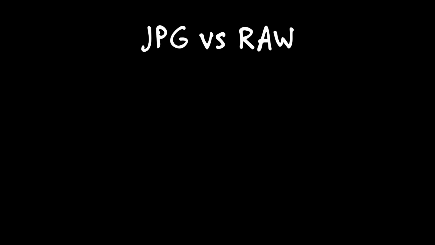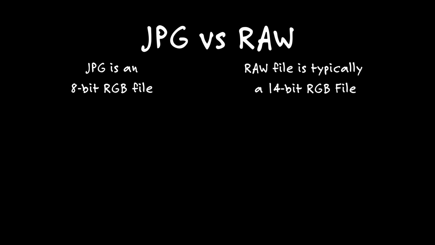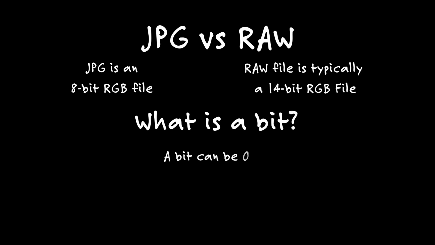JPEG versus RAW by the numbers. JPEG is an 8-bit RGB file, and RAW is typically a 14-bit file. What is a bit? A bit can either be 0 or 1, so it has 2 possible values.